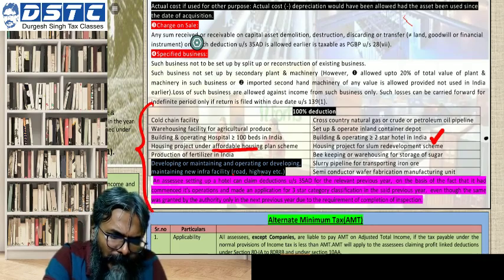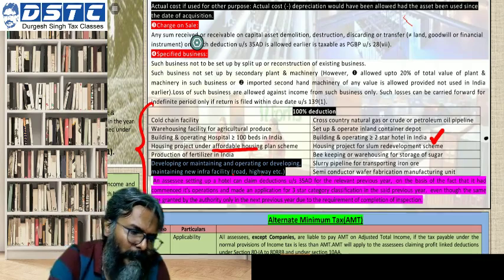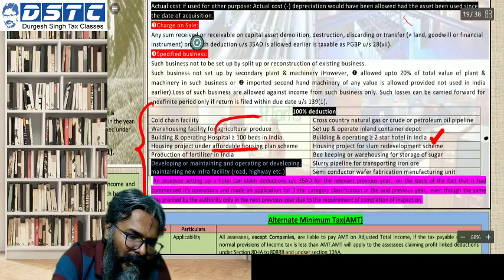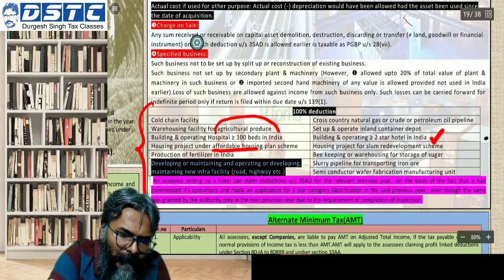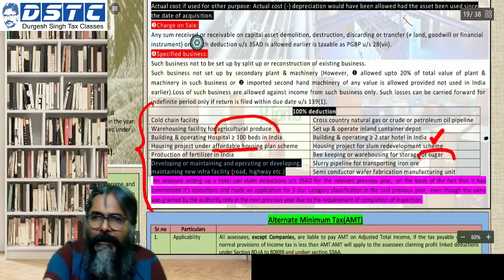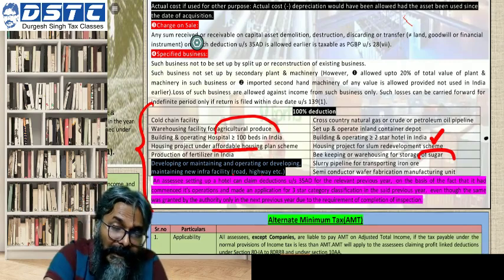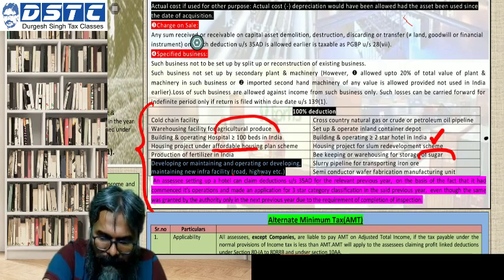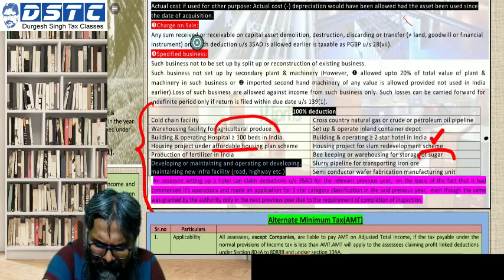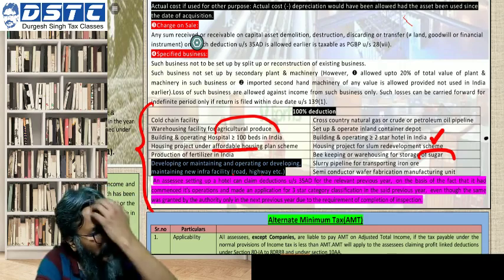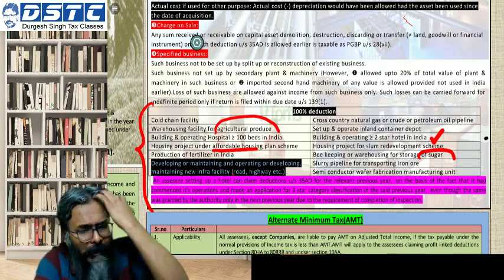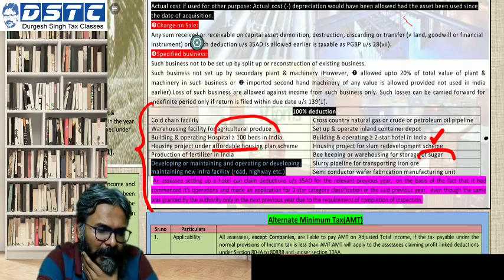Beekeeping or warehousing for the storage of sugar. So warehousing activity, students: warehousing of agricultural produce as well as warehousing of sugar, both of them will qualify for 35AD. Both of them are specified businesses, and hence the capital expenditure which I have incurred in respect of such specified business will be eligible for deduction.